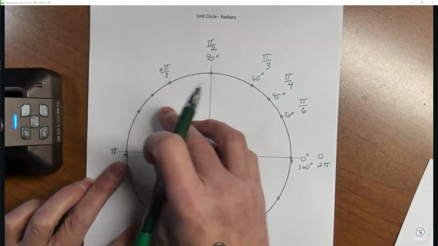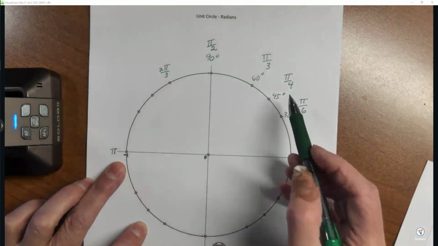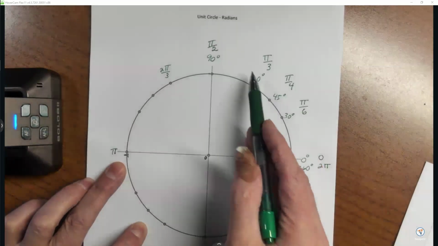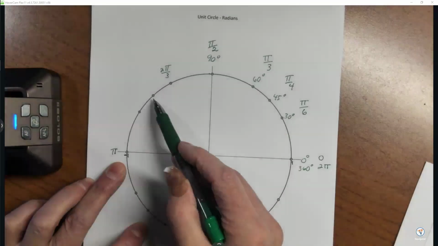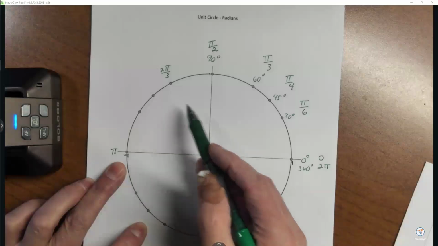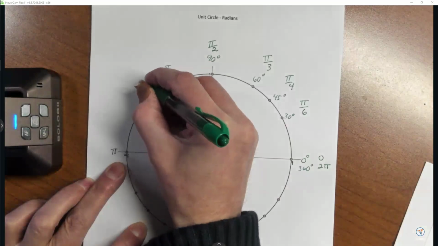And now I'm going to say that this is 1 pi over 4 to get to 45 degrees. 2 pi over 4 is pi over 2. This is our third pi over 4, our third quarter segment. So that's going to be 3 pi over 4.